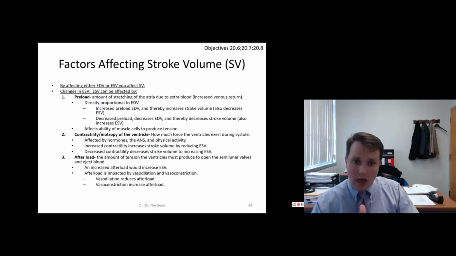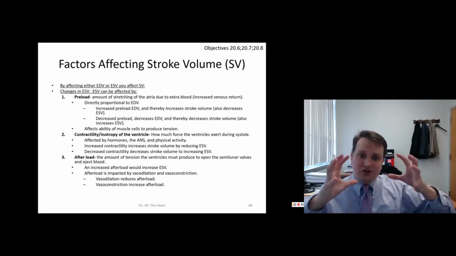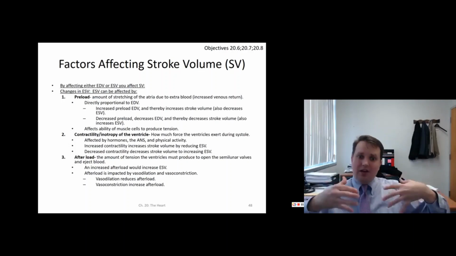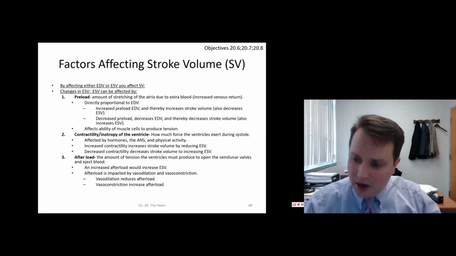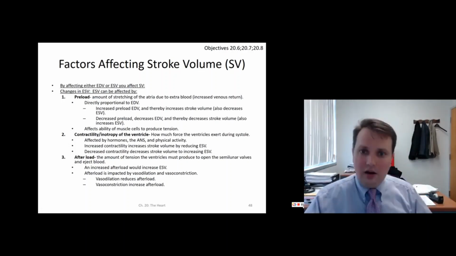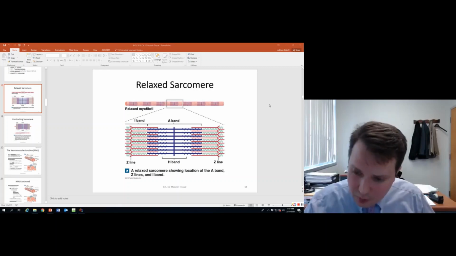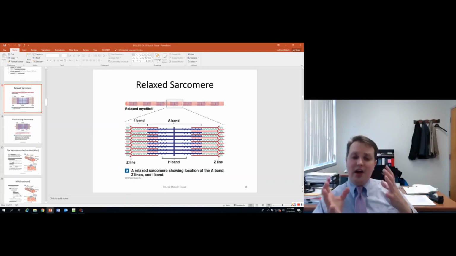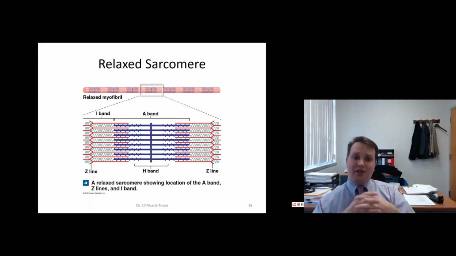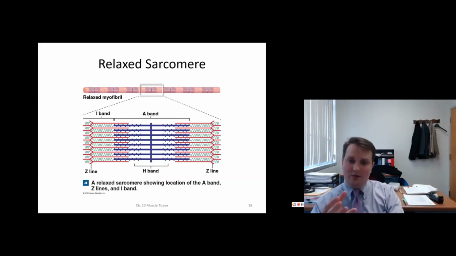Okay? What this does is it actually affects if the heart is stretching outwards. Now, to help you with this, let me pause for a second. I wanted to show you the muscle cells, so this is my notes from A&P1. Here we have a sarcomere that's relaxed. Here we have one that's contracting.